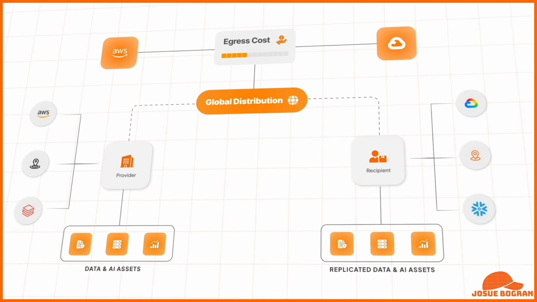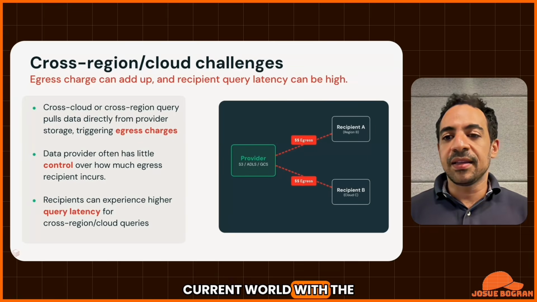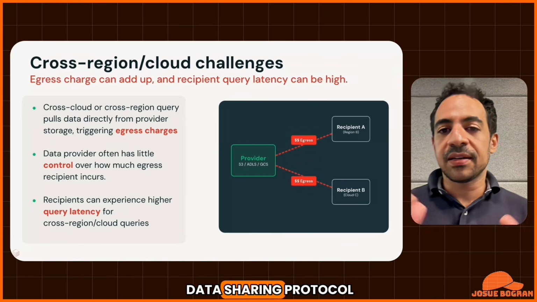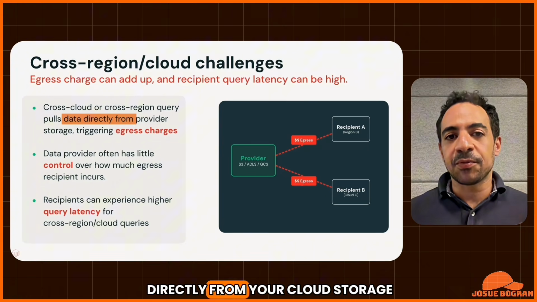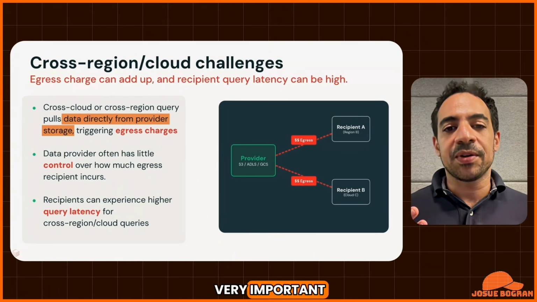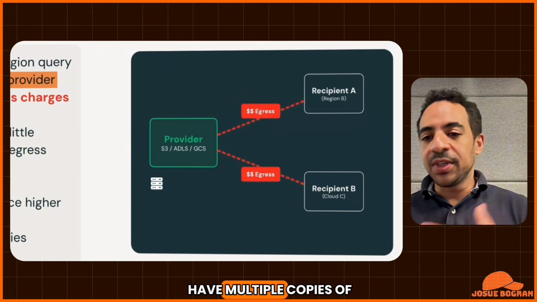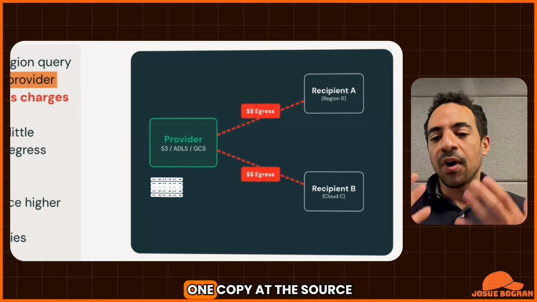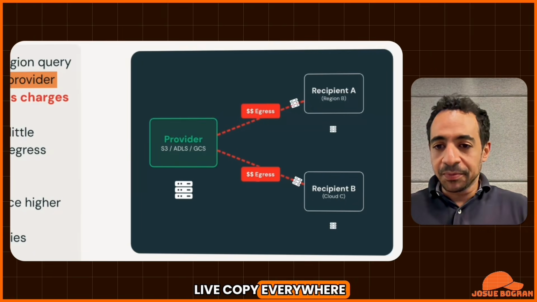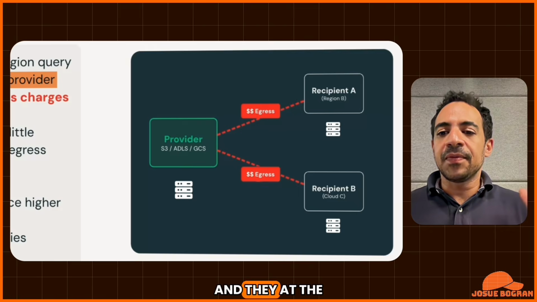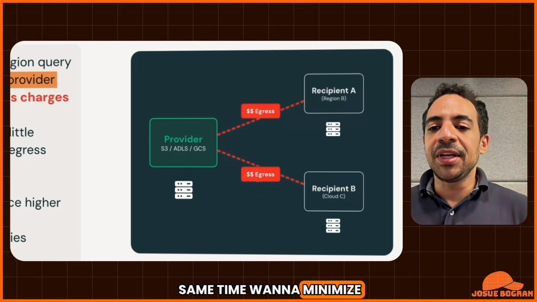In the current world with the data sharing protocol, you can share data directly from your cloud storage. And this is actually very important because customers don't want to have multiple copies of their data. They just want to have one copy at the source and then share that live copy everywhere. At the same time, they want to minimize egress cost.